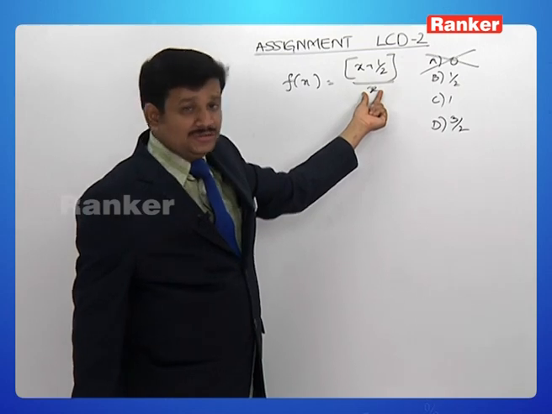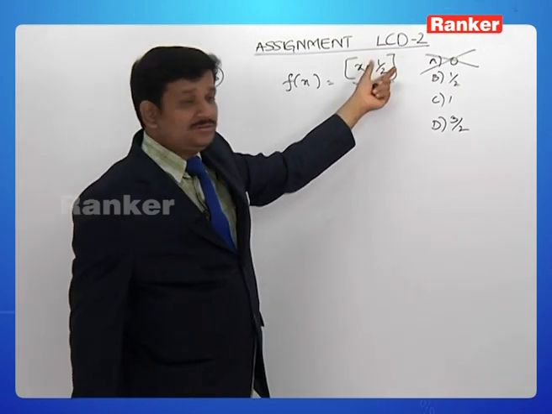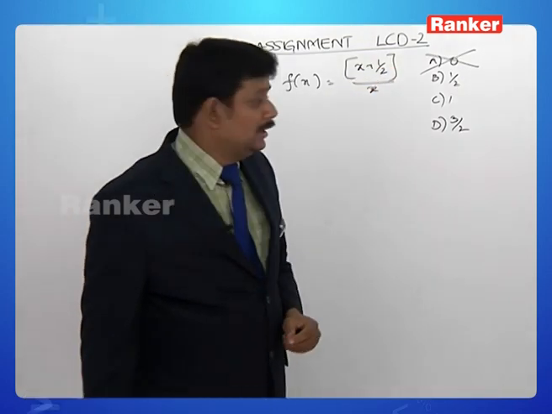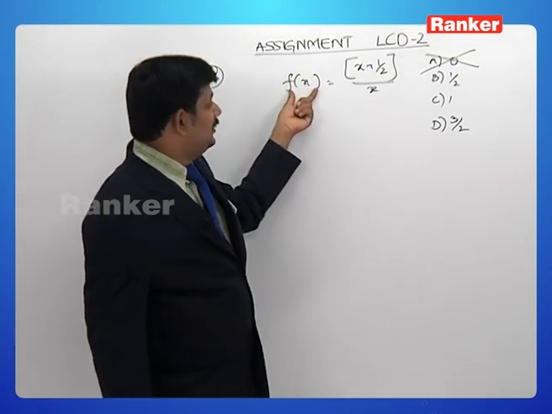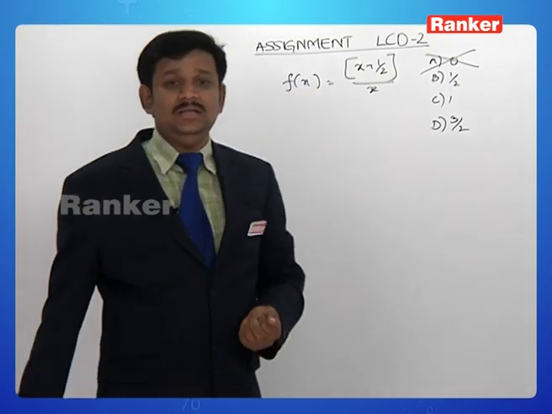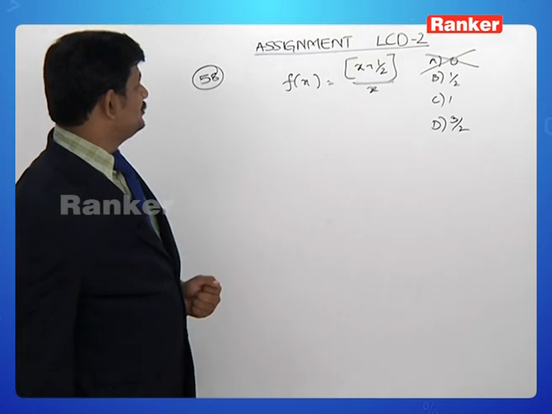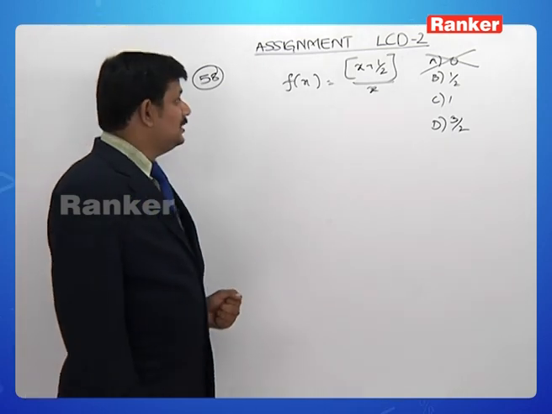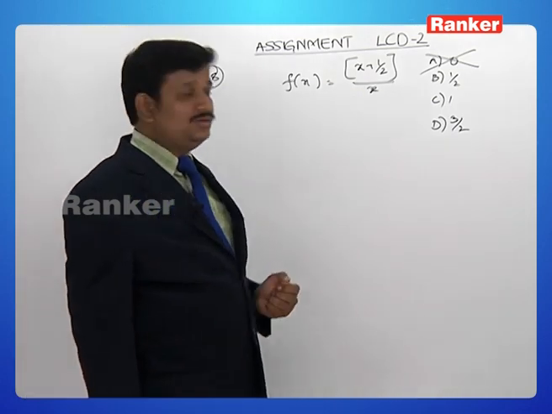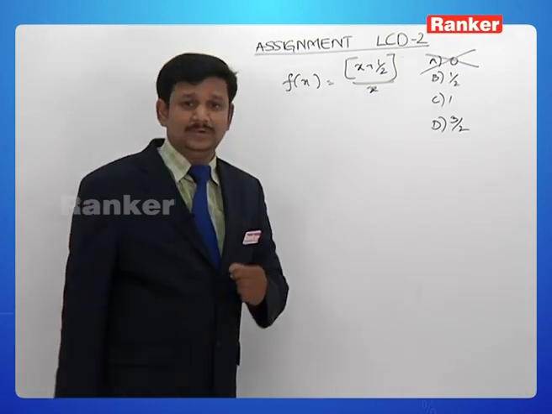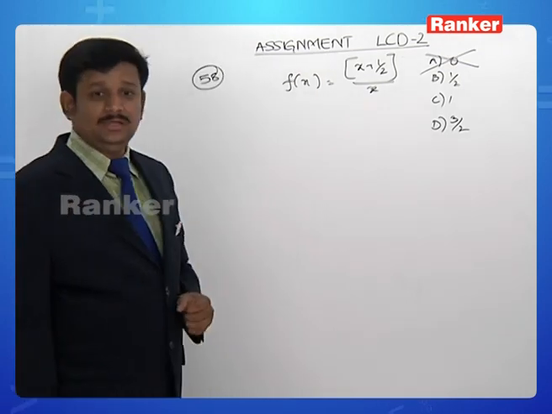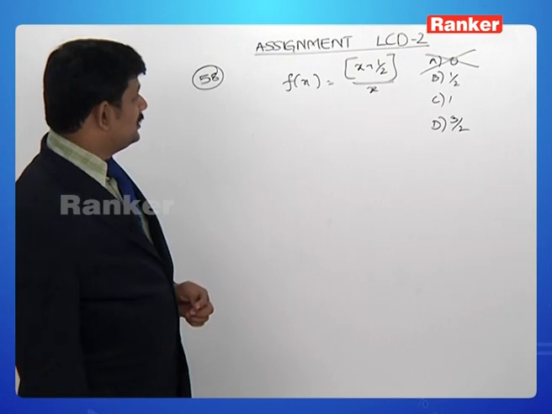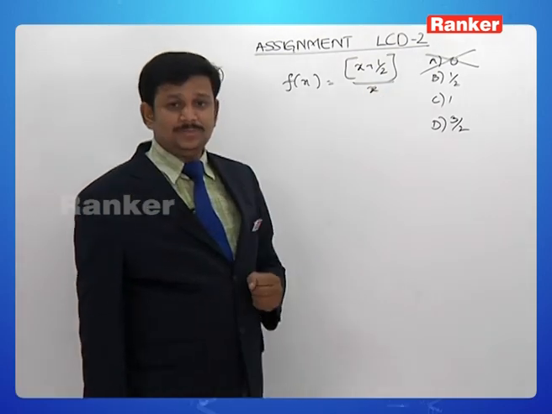The denominator is tending to 0, the numerator is 0, so 0 by whatever is 0. Once we define f of 0 separately as 0, the function becomes continuous. So this is a removable discontinuity at x equal to 0. Forget that for now; the function is discontinuous at 0. Look at option B, half.